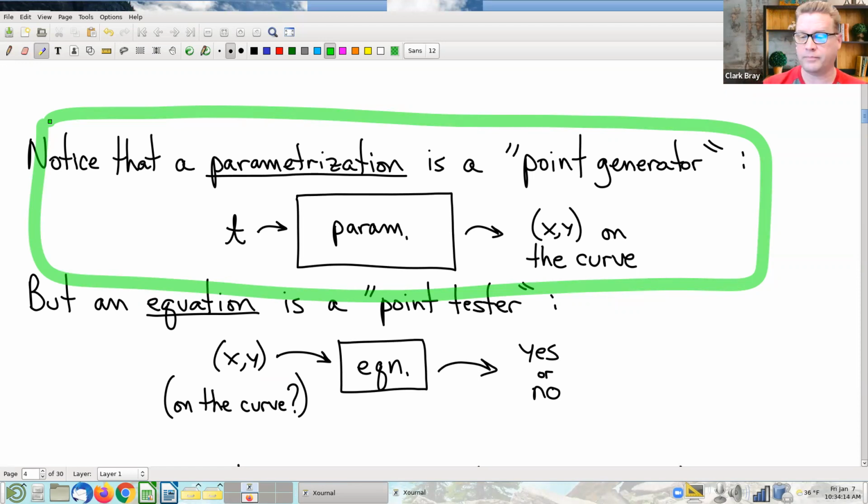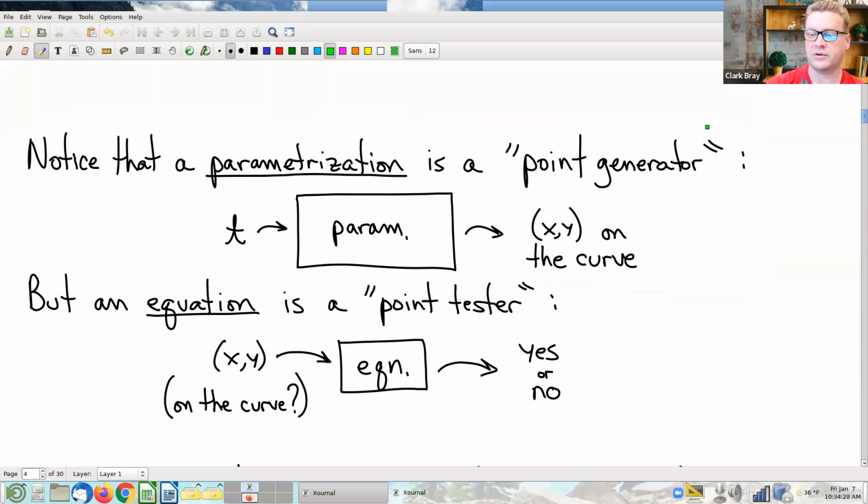Okay, so anyway, importantly, a parameterization is a point generator. A parameterization does not immediately give you a way to test if a point is or is not on the line. It just sits there and cranks out points. So you give me values of some parameter, plug in whatever value of t you like, and out comes, every time, no matter what t you pick, a point on the curve.